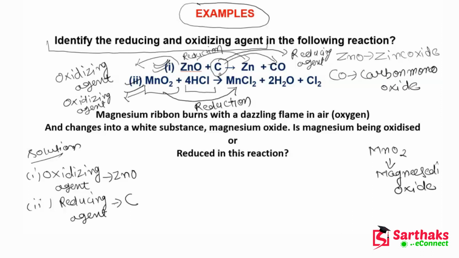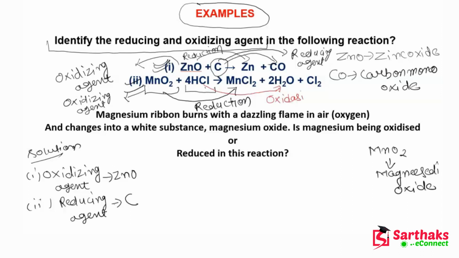Now guys, let's talk about this hydrogen chloride. You can see that there is an addition of oxygen, as the hydrogen chloride is getting converted into this water molecule. So there is an addition of oxygen. That's why we will say that oxidation is taking place here.